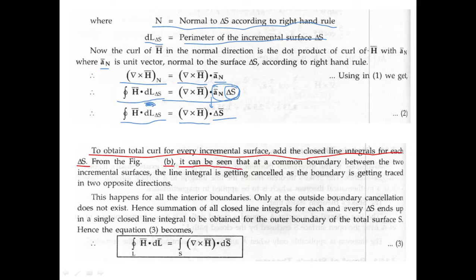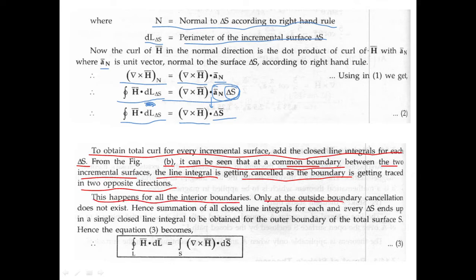It can be seen that on the common boundary between the two incremental surfaces, the line integral gets cancelled as the boundary is traced in two opposite directions. As we saw, arrows are in two different directions when the line is the same for two surfaces. This happens for all the interior boundaries.